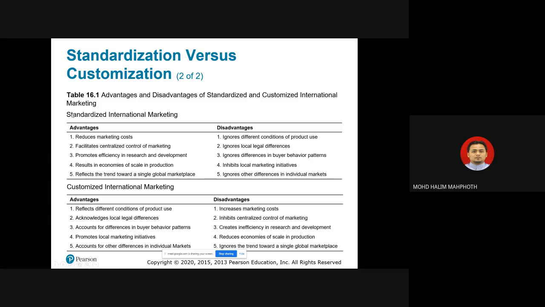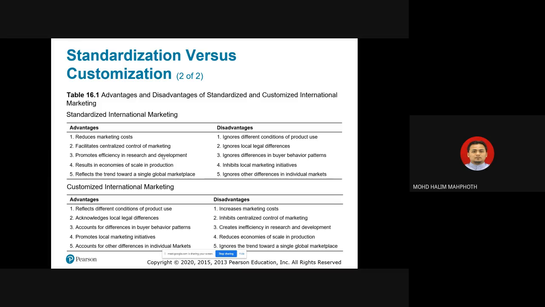Okay, when you go for standardization, you actually go for this kind of economy of scale. It may reduce your marketing costs and facilitate centralized control of marketing. You can imagine your product and the packaging are all in English, compared to if you go to an Arab country you go for Arabic language, and if you go to France you go for French language for the packaging.